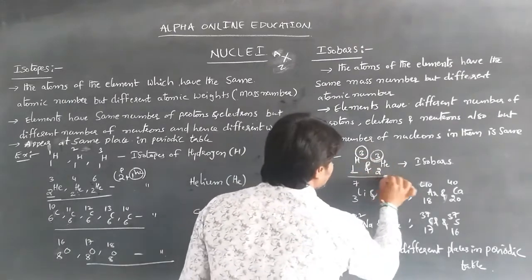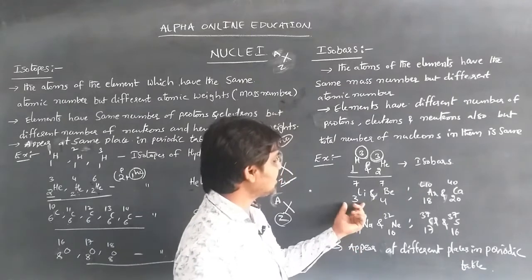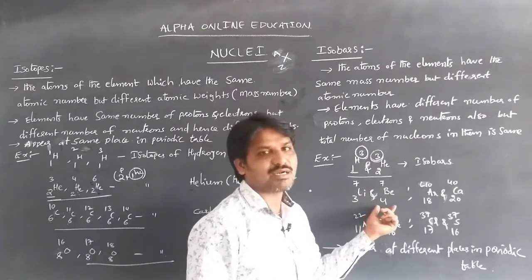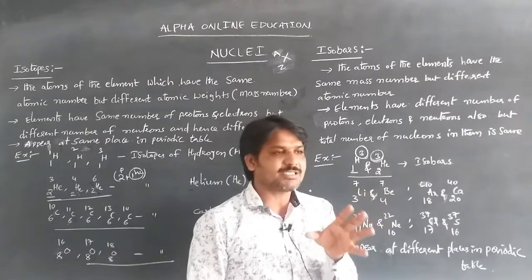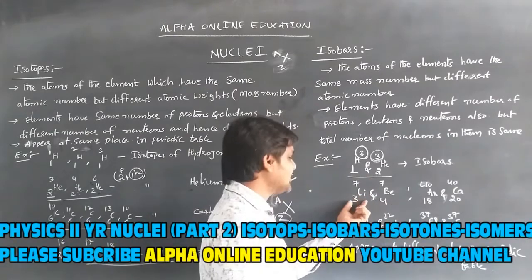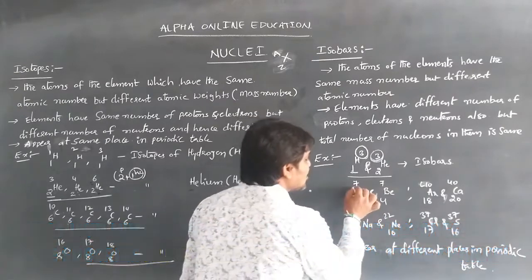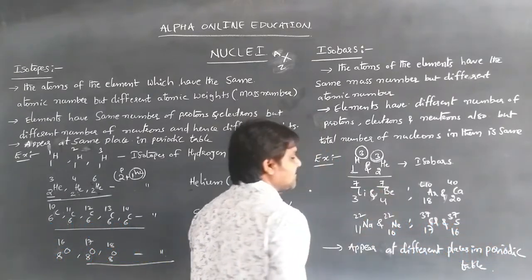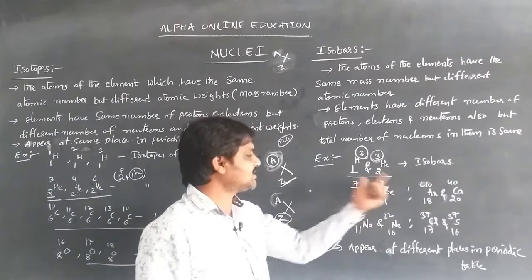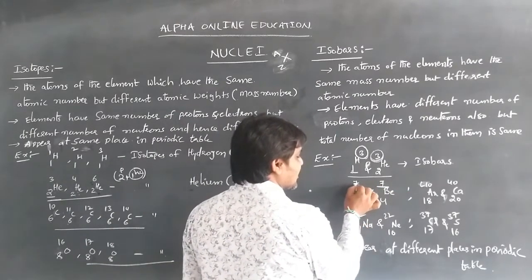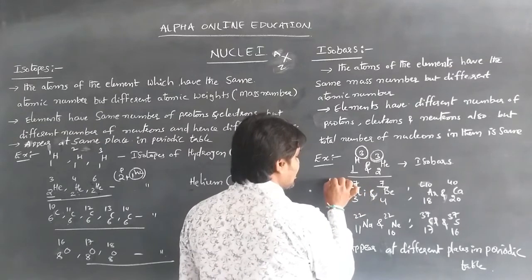These are the isobars. If we come to lithium and beryllium, the lithium atomic number is 3 and the beryllium atomic number is 4. So the number of protons inside the nuclei is 3 in lithium and 4 in beryllium, but the nucleon count is the same, 7 and 7. When 3 protons are present inside the nucleus, the remaining 4 are neutrons.